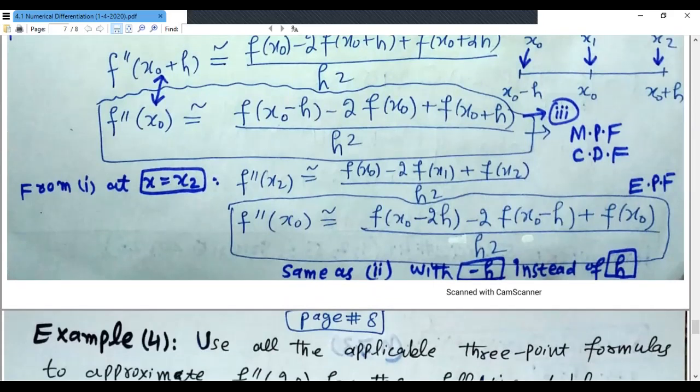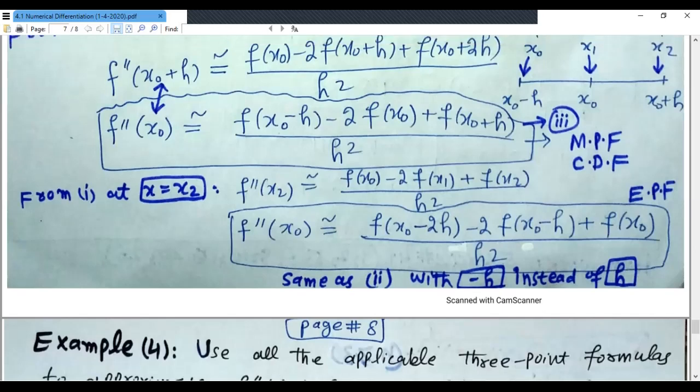If we put x equal to x2 in the general 3-point formula for the second derivative, we will have the same expression as the above number 2, but the only difference is that we have minus h instead of h.